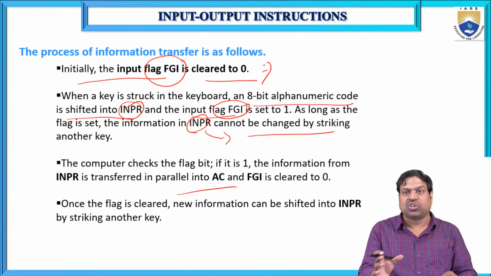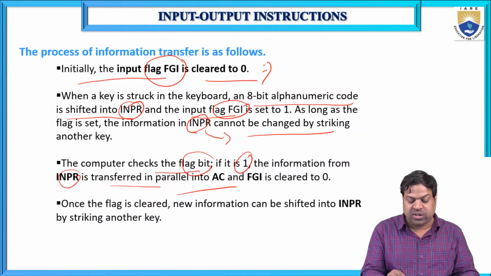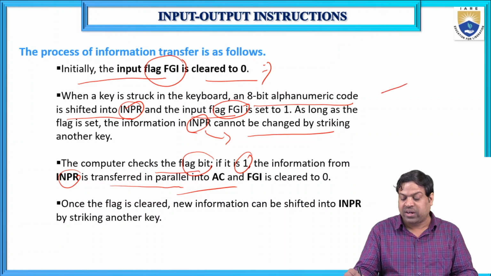Already the information is struck at the input side, so flag FGI is set to 1, which means new information is ready. But here already one piece of data is struck, so new information does not come. It is struck by another key, and the computer checks the flag bit is 1. The new information from INPR is transferred in parallel.